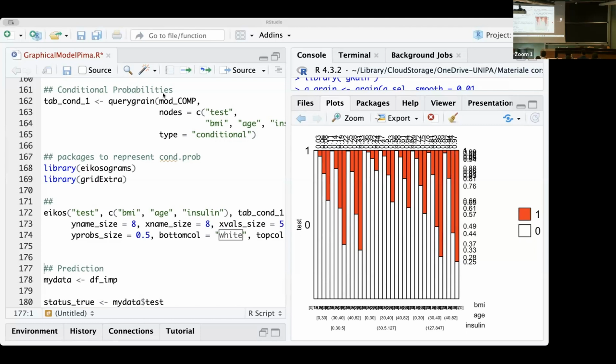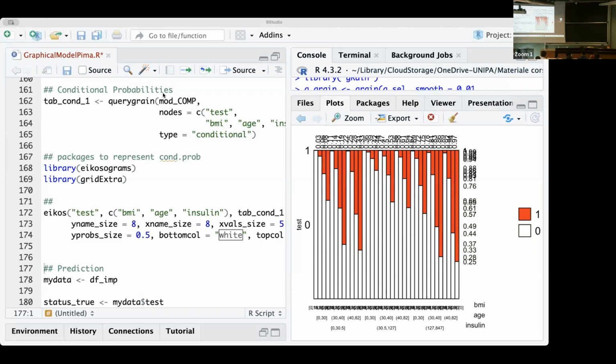And within this, you will have all the categories of BMI. The nice thing is that you can see here, this probability increase. It goes like this. Increase with what?